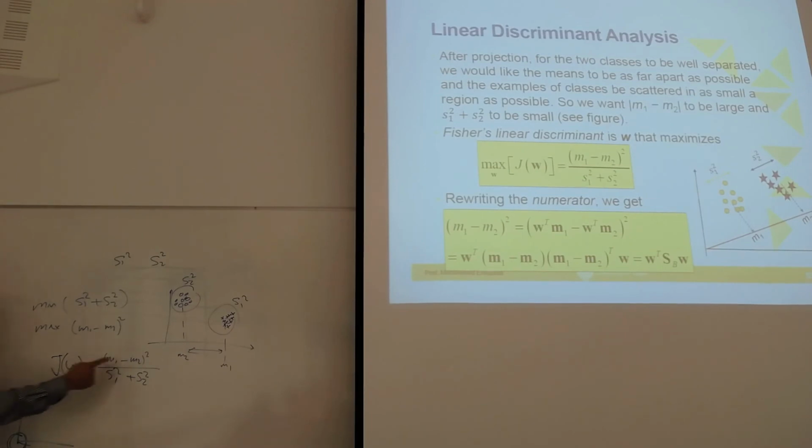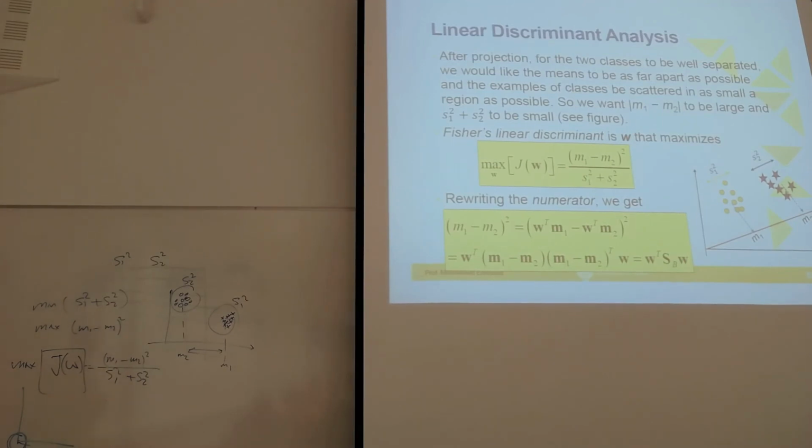It means that you maximize the upper part and also you minimize the lower part. Then you achieve the maximization of the Fisher discriminant function. So this is the concept here that we would like to have. What is W which makes this maximum, maximizing this Fisher discriminant function?